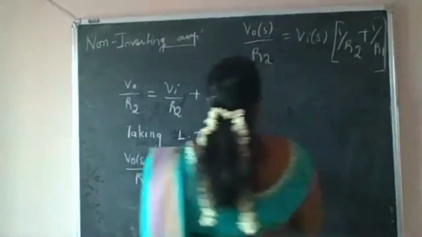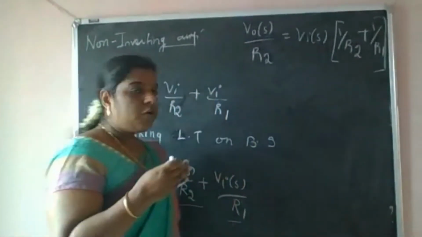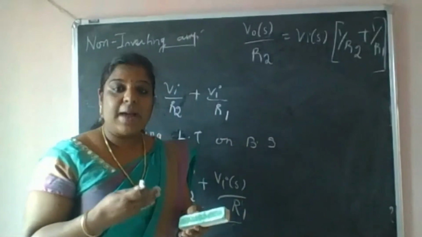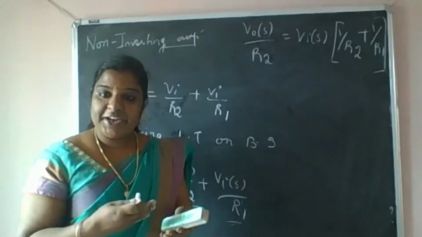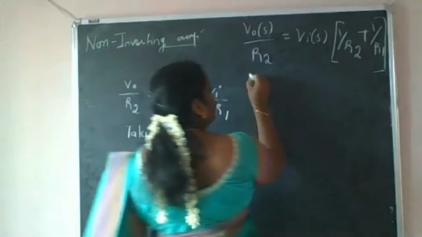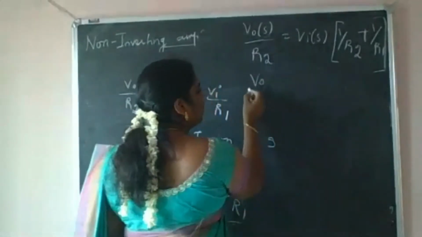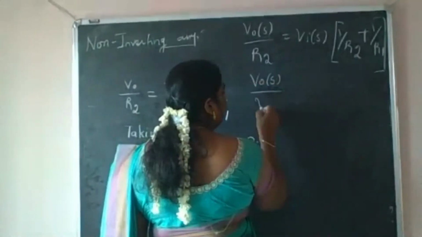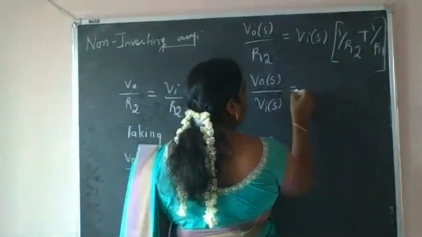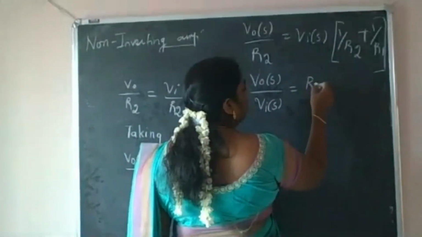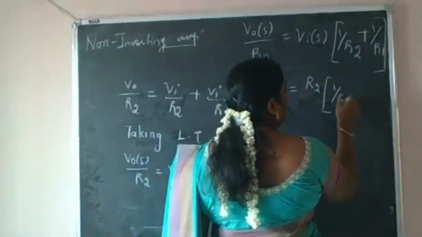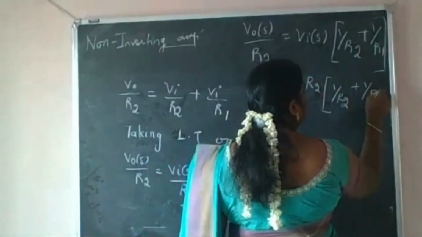Now, the formula for transfer function is Laplace transform of output divided by input. Just cross multiplying, we will get V naught of S divided by Vi of S is equal to R2 into 1 by R2 plus 1 by R1.